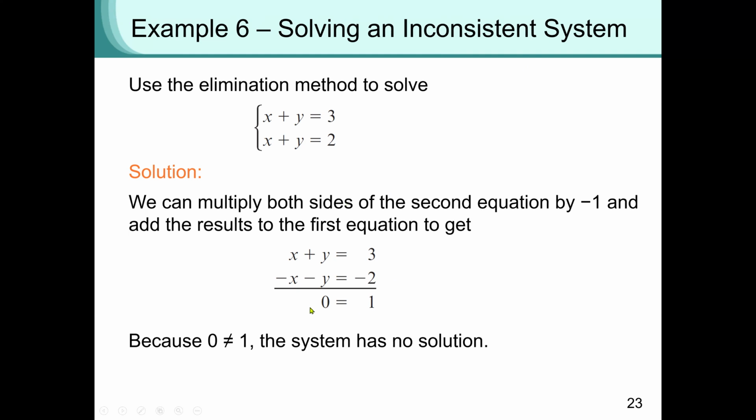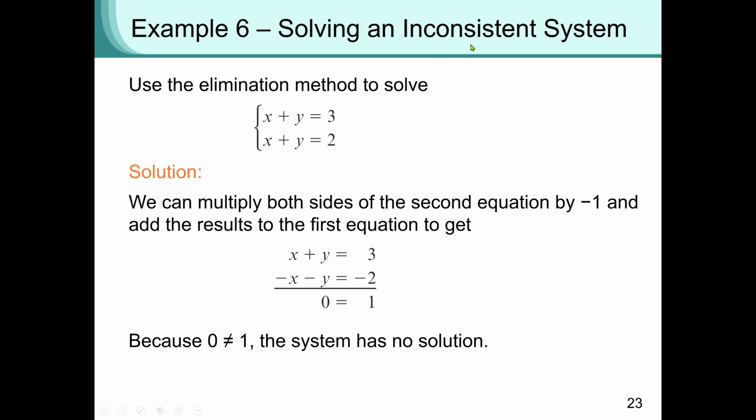Again, previously we have 0 equal to 0, which means the system has many solutions. A unique solution means we have one value for x, one value for y. If we plot the two lines of the system of linear equations, we will get only one intersection, which is a unique solution. Many solutions means the two equations are the same, so we get the straight line on each other, they coincide.